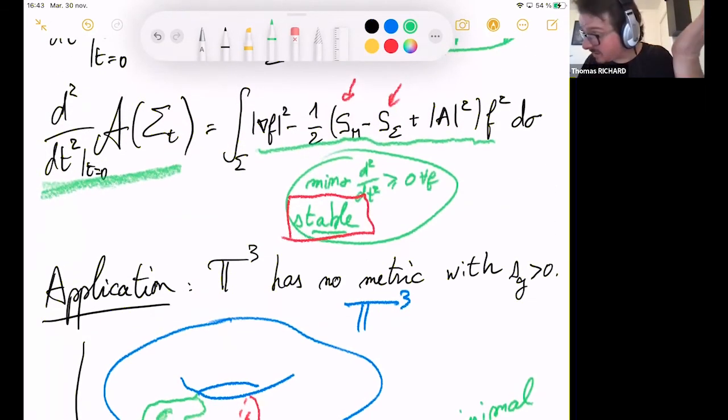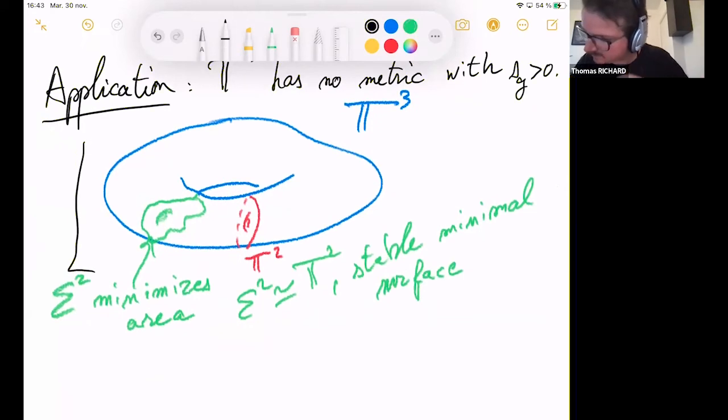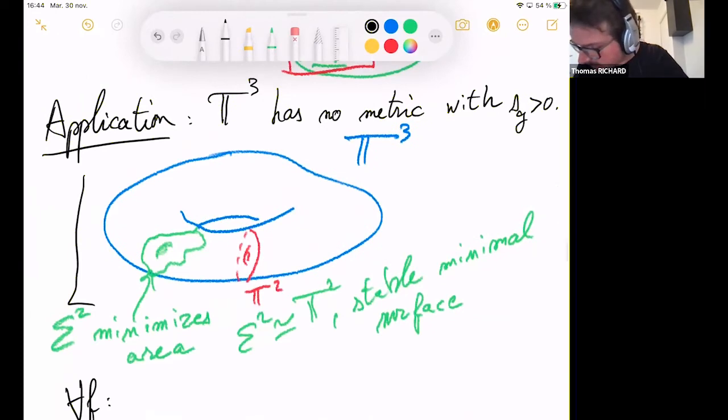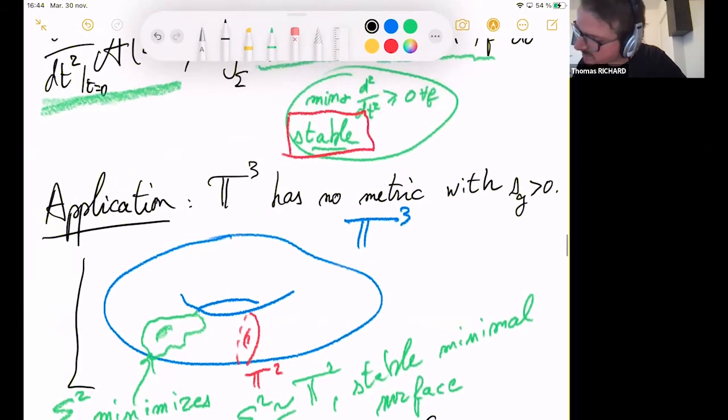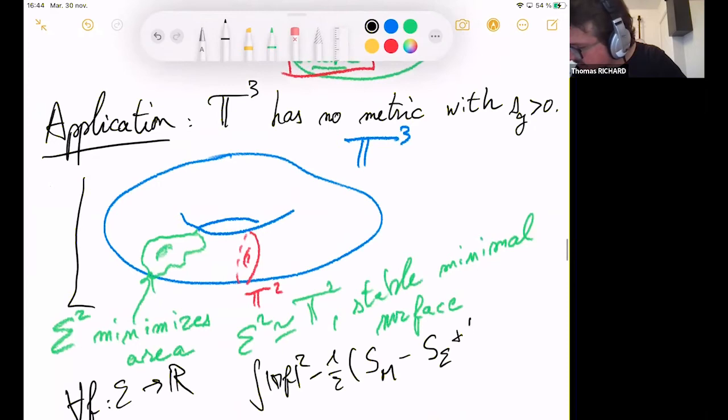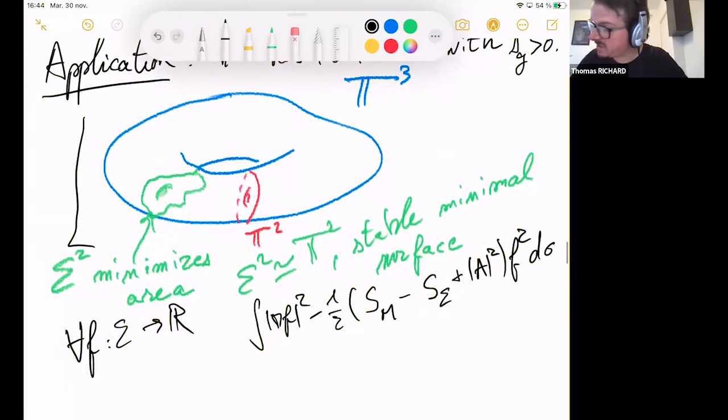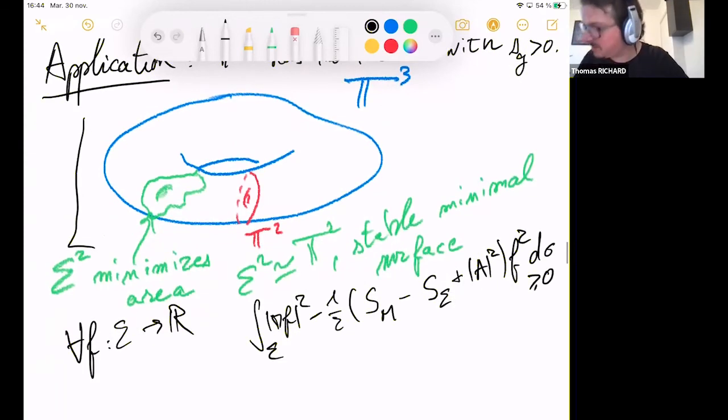So this second variation is non-negative if I have a minimal surface. So for any f from sigma to R, the integral of gradient f squared minus 1/2 (scalar curvature of M minus scalar curvature of sigma plus the second fundamental form squared) f squared d sigma is bigger than 0.